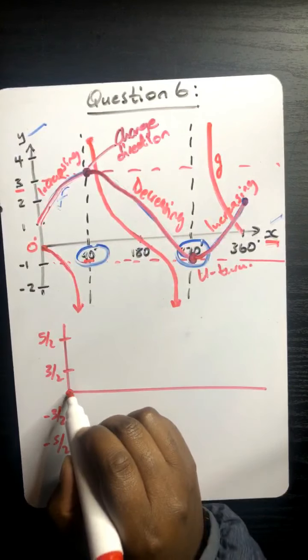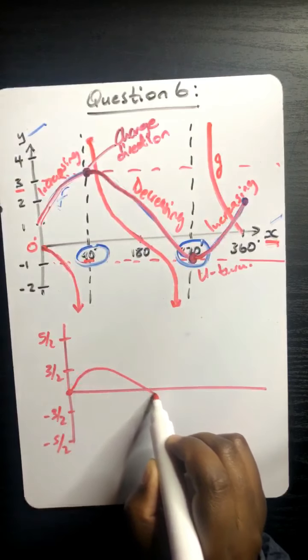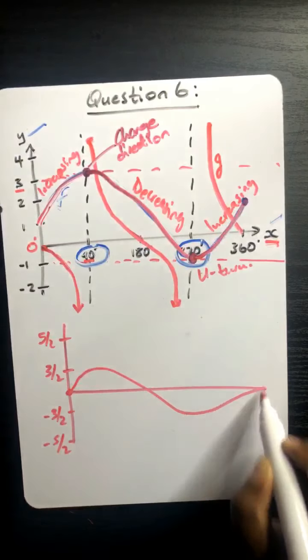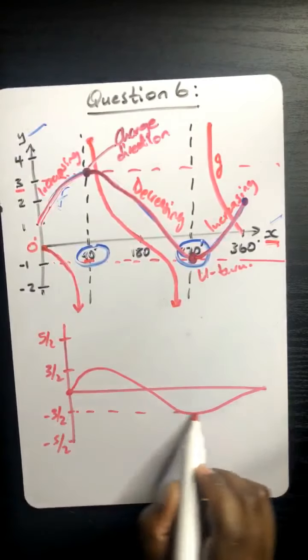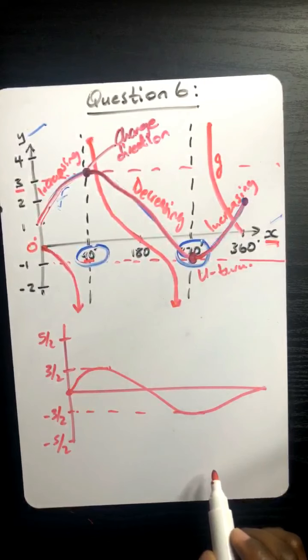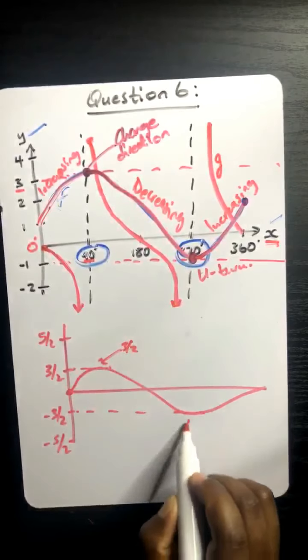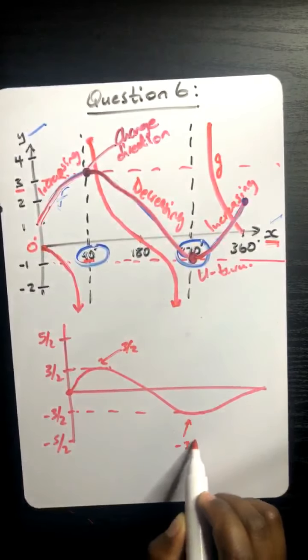And let's say this thing does something similar to that, whereby this is that and this is that. So can you see, Hamisa, that the maximum value is 3/2. Also, the minimum value is -3/2.